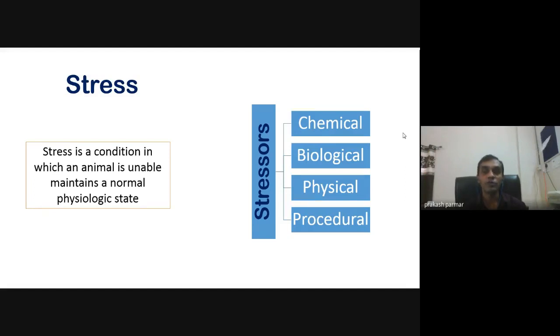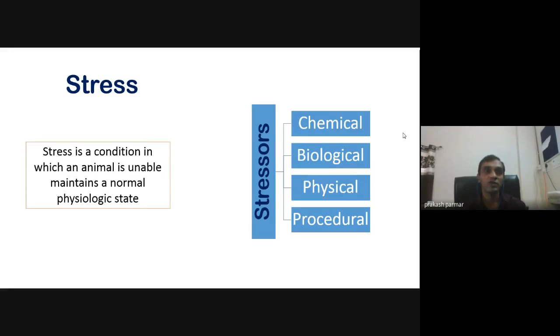Whenever the immune system is low in the animals, the pathogens or microorganisms, which are generally a part of the environment, present in the water and soil where our animals are staying, get a chance. When the fishes are under stress, the immune system lowers down, and due to this lowered immune system, the pathogens attack the host, the fishes, and produce the disease.